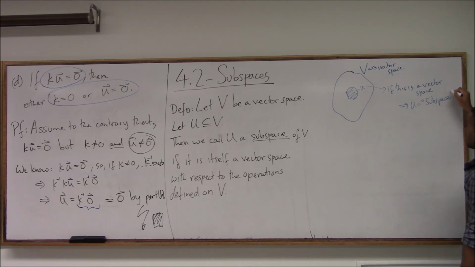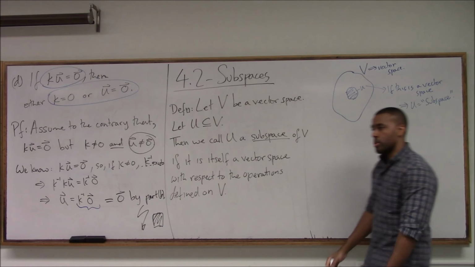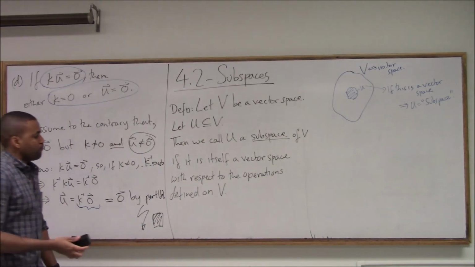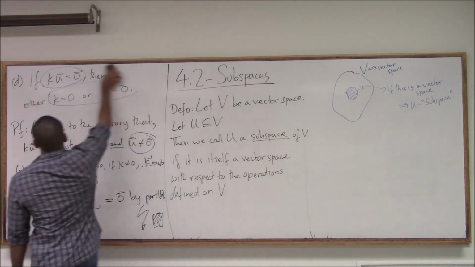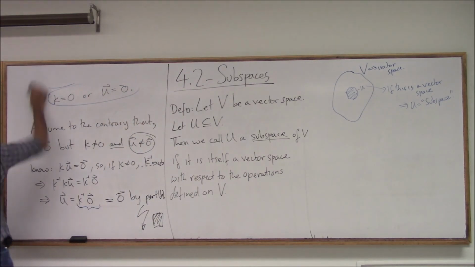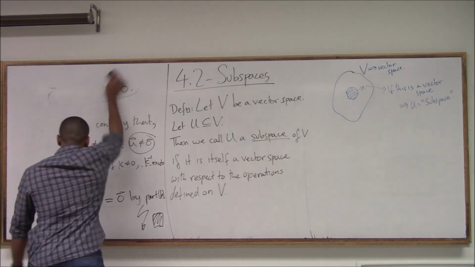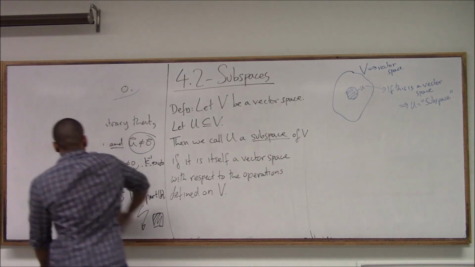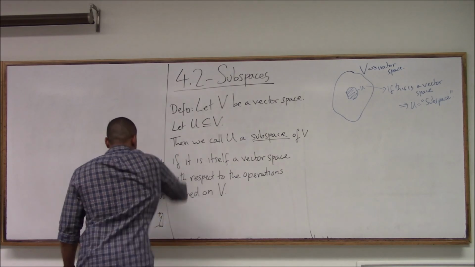It's a subset of the set that is also a vector space if I use the same operations. Not all subsets are vector spaces, only particular ones.